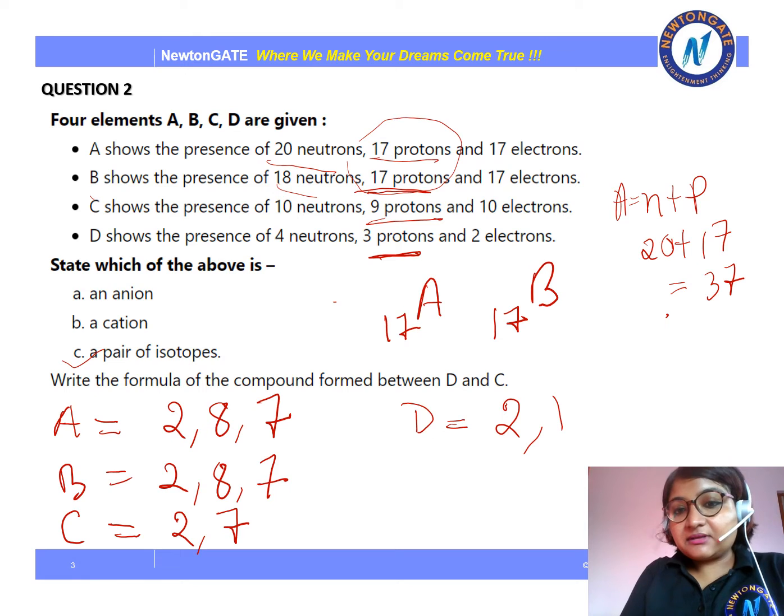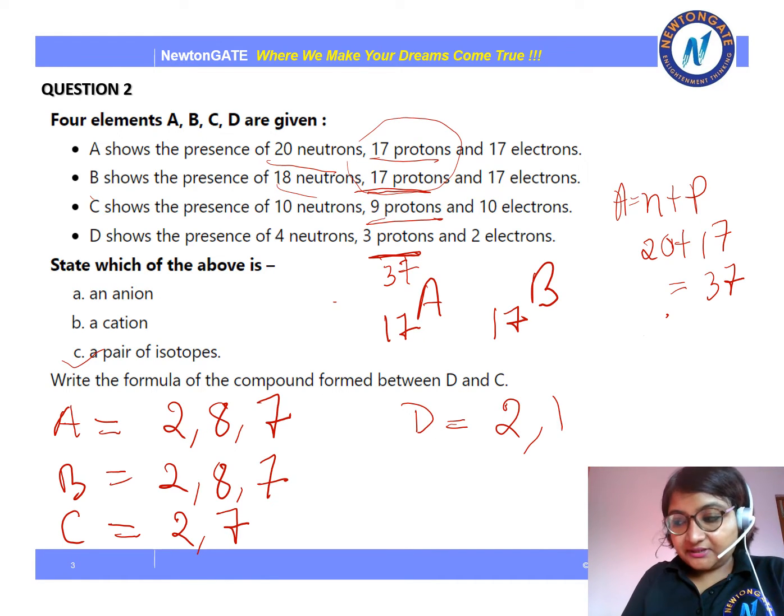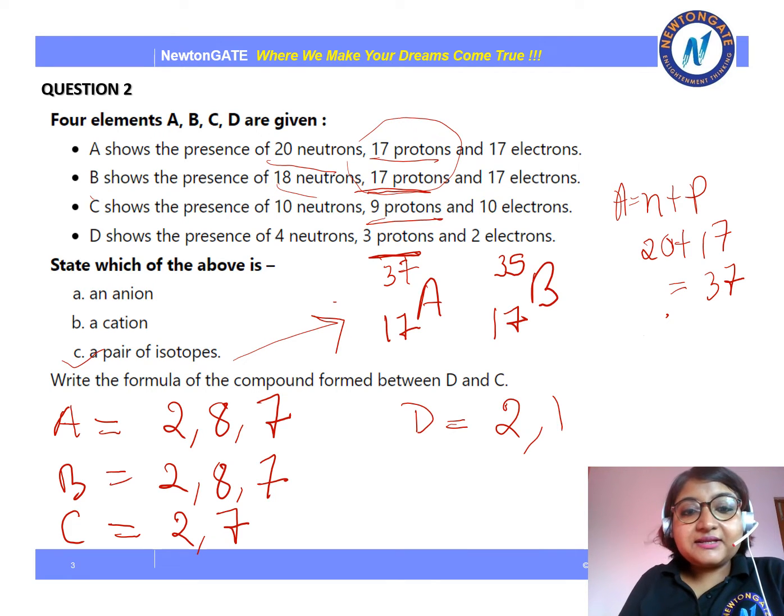So the mass of element A is 37, and for element B, it will be 18 plus 17, so it is 35. So these are the pair of isotopes that you have. This is answer C.